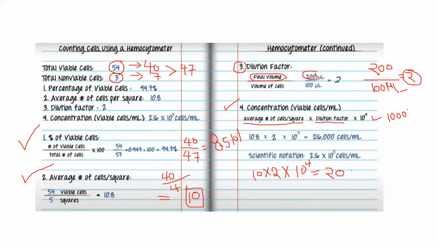Yes. Are we okay? 200,000 is okay? Yes. Good. So now you can put it like 2 multiplied by 10 to the power 5.